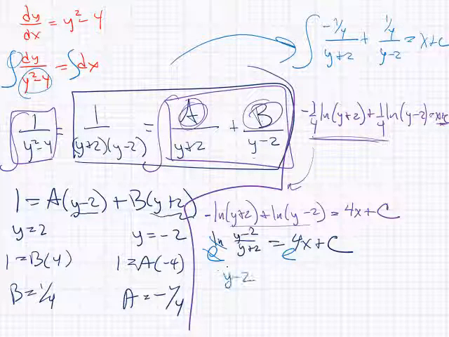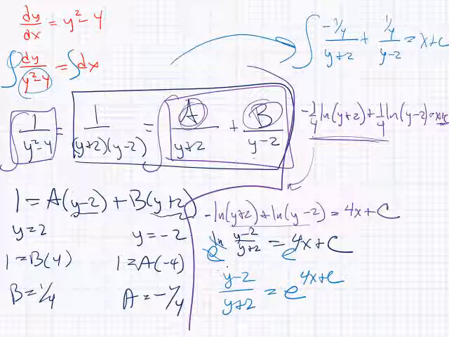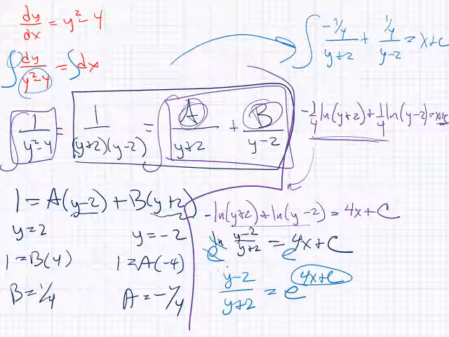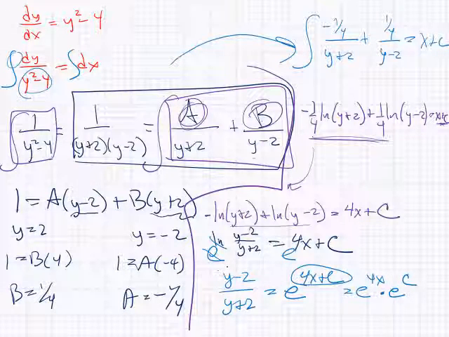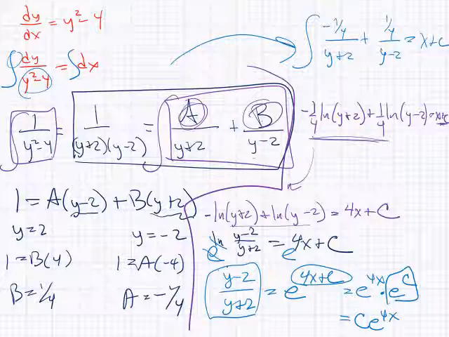So (y minus 2) over (y plus 2) equals e to the 4x plus c. Now, this is all in the exponent, but I could write this as e to the 4x times e to the c, but e to the c is a constant, so I could just write this as c e to the 4x, and this is still on the other side.